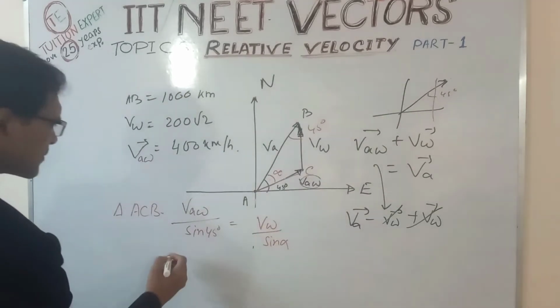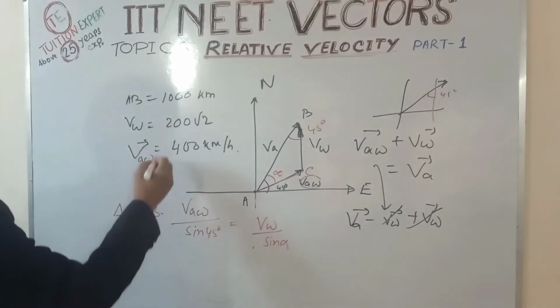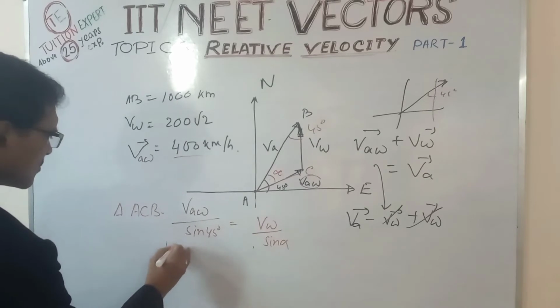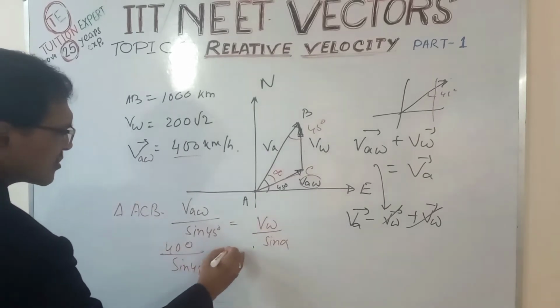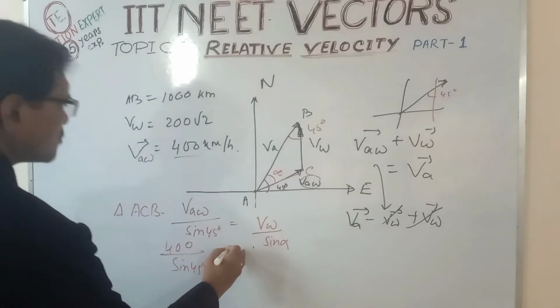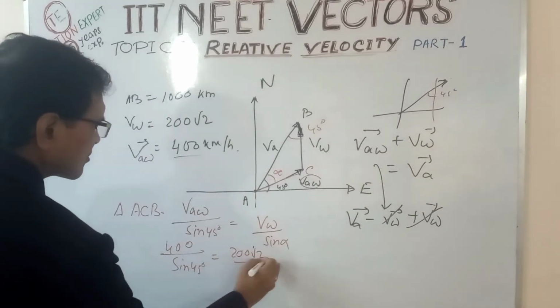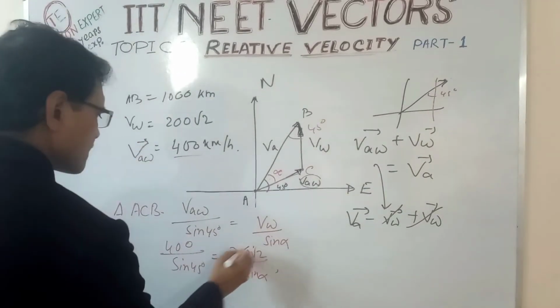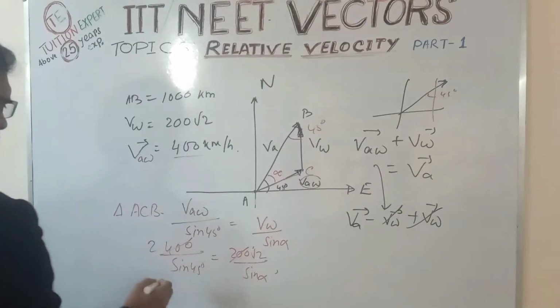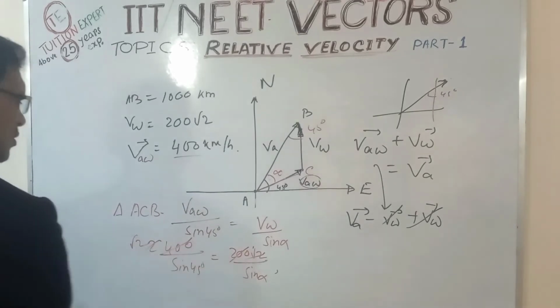That is VAW equal to 400, VW equal to 200, root 2.